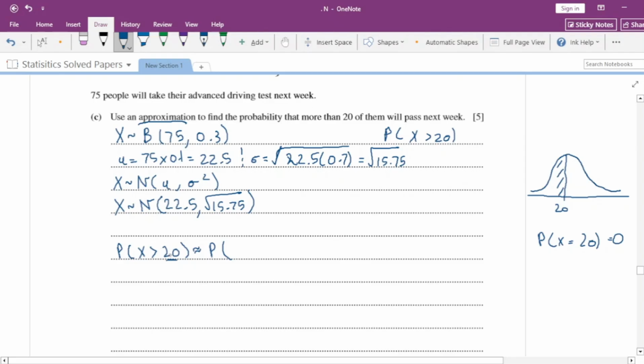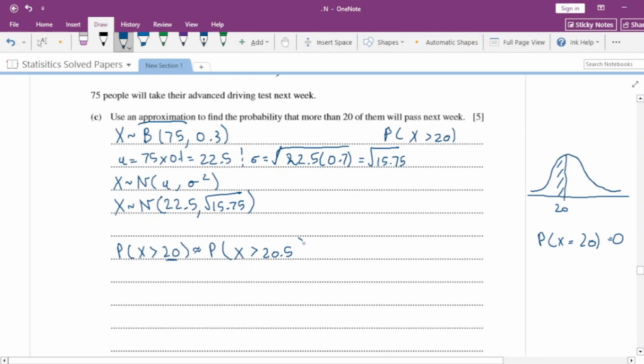We want the probability that X is greater than 20. So logically, we don't want 20 in this inequality. That means we write the probability that X is approximately greater than 20.5. We always add or subtract 0.5. We added 0.5 because we don't want the boundary value 20. Of course, X is greater than 20, so all values above 20.